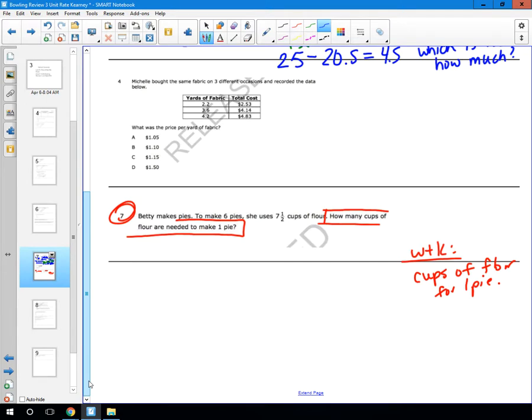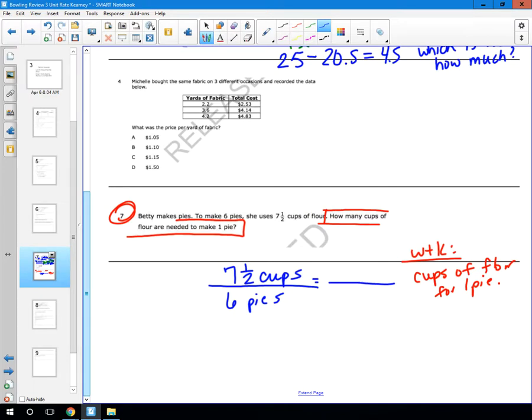So for any question that you're comparing two different quantities like this, cups of flour to pie, feet per second, miles per hour, you want to set up a proportion, okay? And make sure you write down your units. So we know that 7.5 cups of flour to make 6 pies, but we want to know how much per 1 pie.